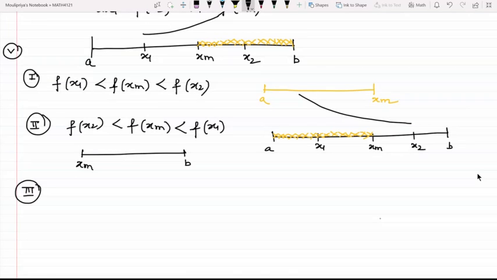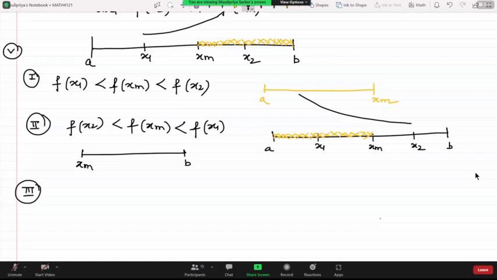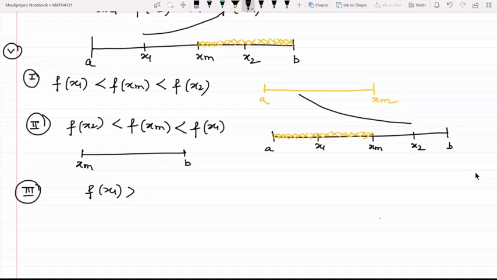So we can assume that the third case can be when f(x1) is greater than f(xm), and f(x2) is also greater than f(xm). Can this be the third case?